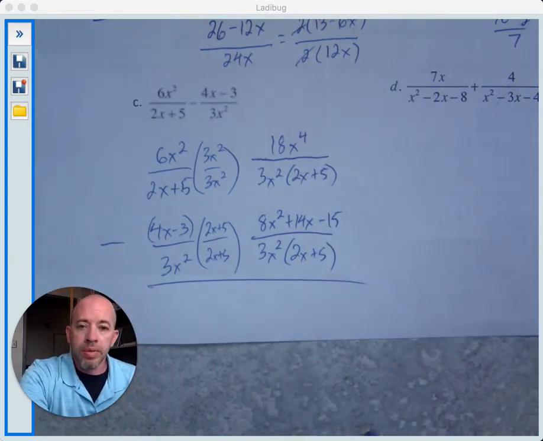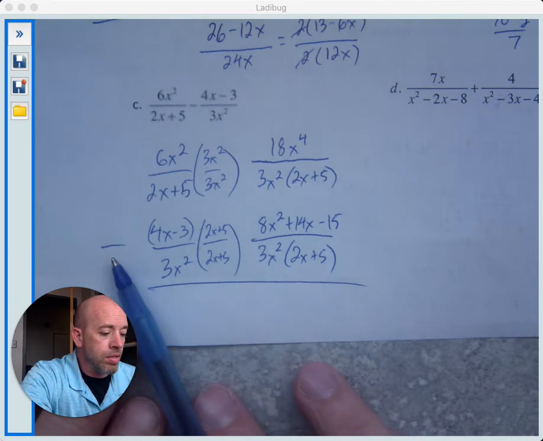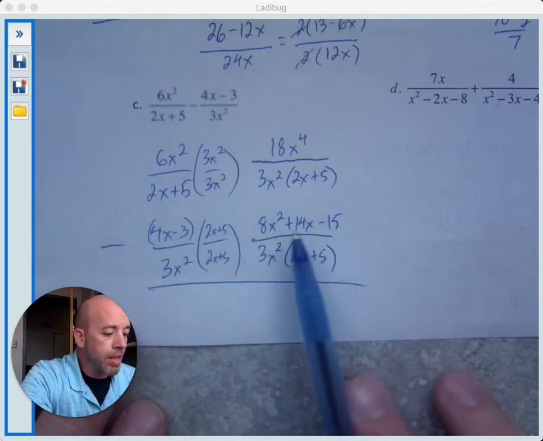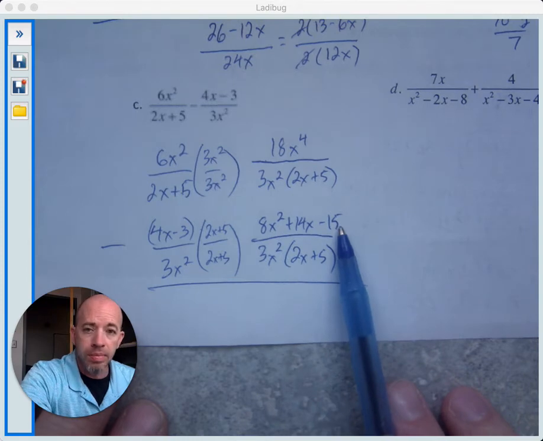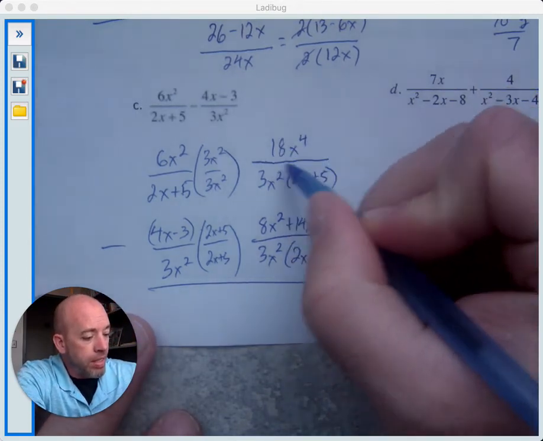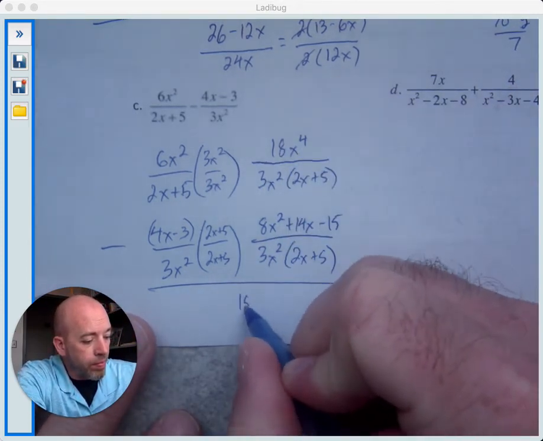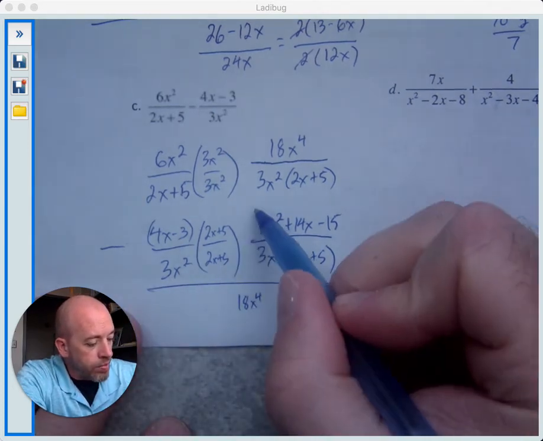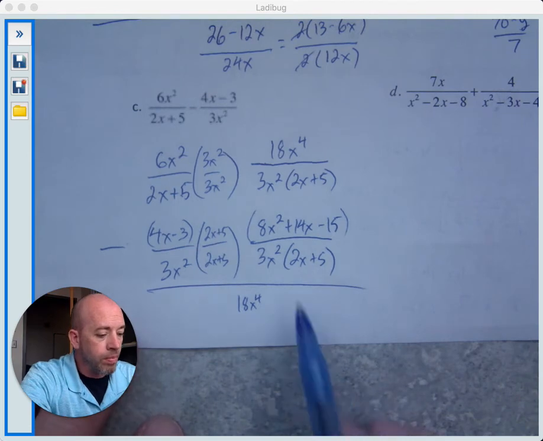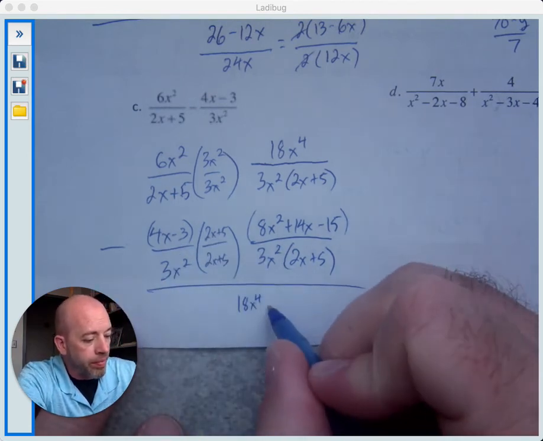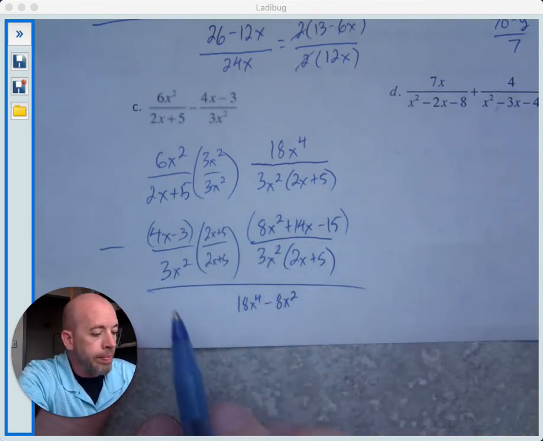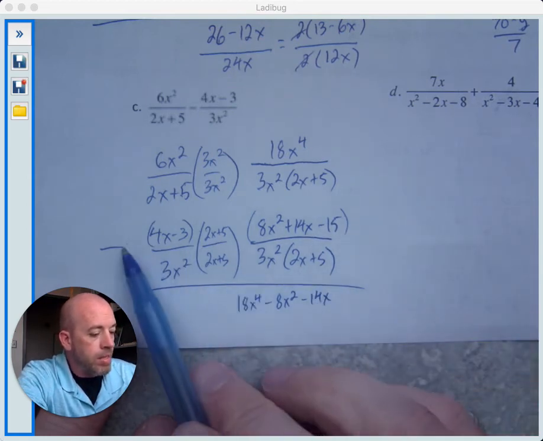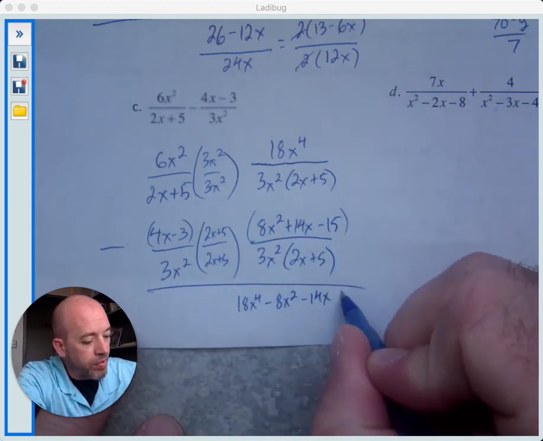Alright, so where are we at here then? So this is all subtracted, right? So this minus sign gets applied to every one of these terms. So let's start compiling our answer. We have 18x to the 4th. We're subtracting each one of these, and if it helps you, put that in parentheses, right? So minus 8x squared. And then minus 14x. And then minus a negative 15, which is plus 15, right?